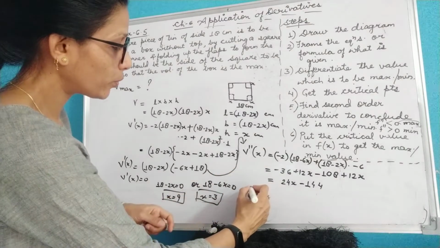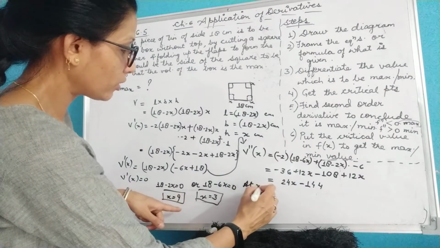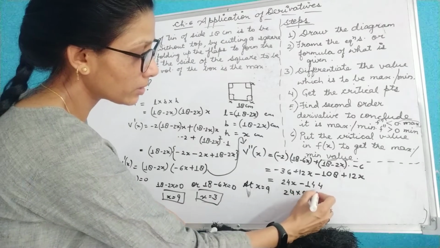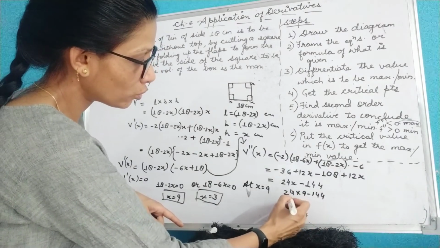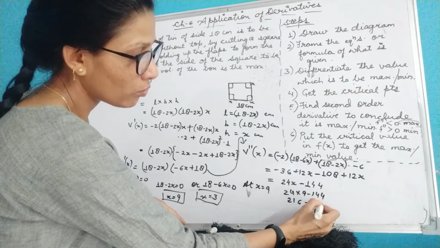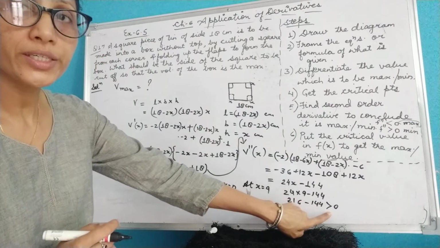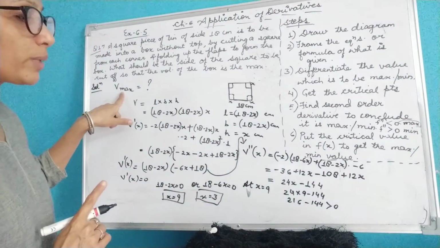At x equal to 9, I am getting 24 into 9 minus 144, which is 216 minus 144, which is greater than 0. If it is greater than 0, that means you will get a minimum value. But I need to maximize it.